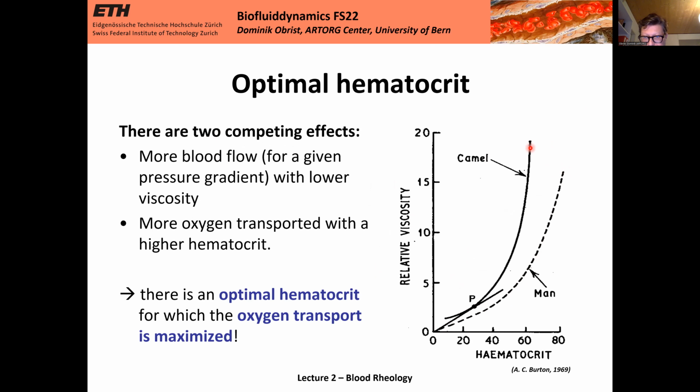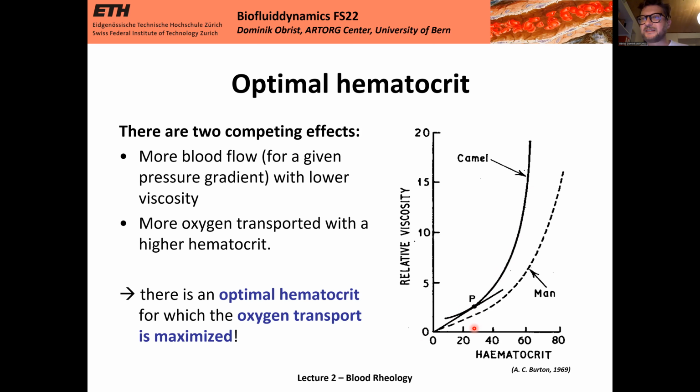And for whatever reason, they also drew a line for camels, and the tangent for the camel touches here. The optimal hematocrit for a camel is around 30. And guess what the camel has? A typical hematocrit of somewhere around 30. So this is an explanation for the hematocrit being somewhere between 40, 45, and so on.